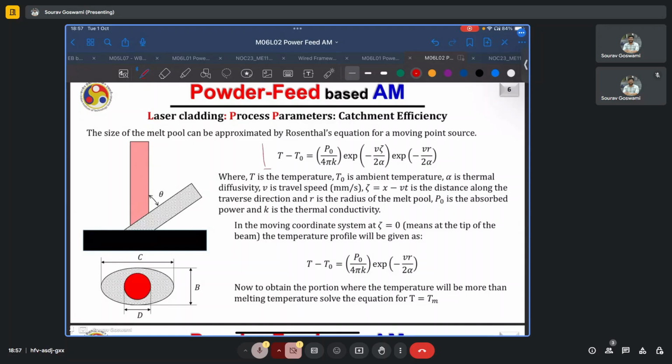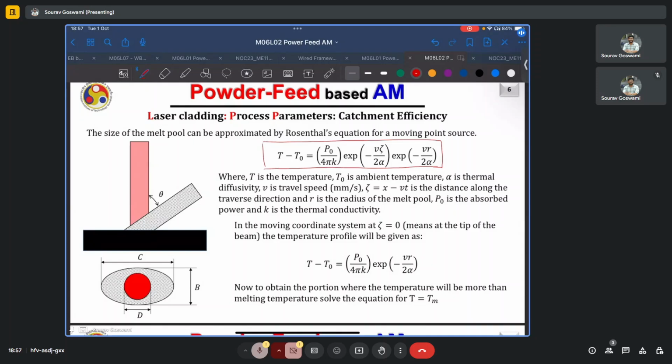T minus T naught is P naught by 4 pi k exponential minus V xi by 2 alpha exponential minus Vr by 2 alpha, where T is the temperature at any distance r, T naught is the ambient temperature, alpha is thermal diffusivity, V is travel speed in millimeter per second, xi is x minus Vt, the distance along the traverse direction, and r is the radius of the melt pool. P naught is the absorbed power and k is the thermal conductivity.